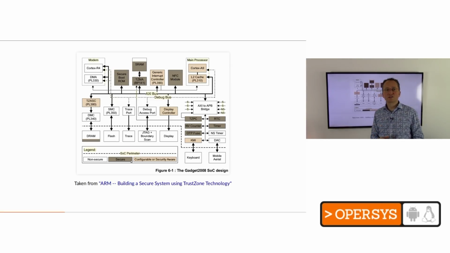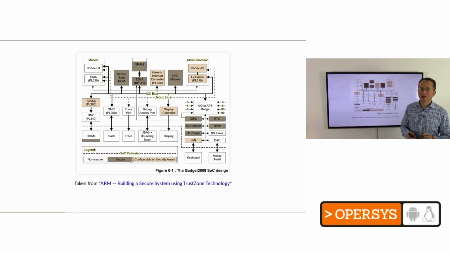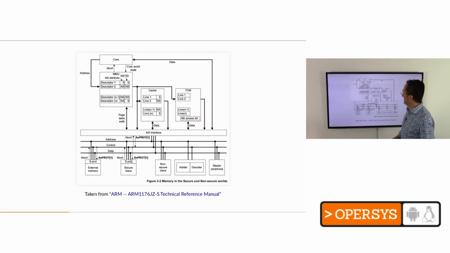The interesting thing in a processor like this is you can configure the different units to say, okay, this unit can only talk to the secure units, or have some rules that say these different units can interact in these different ways. And the TrustZone stuff that ARM has ties directly into this concept, because as we'll see, effectively the cores have two modes of operation, and when they're in TrustZone mode, there are different things that happen on the system.